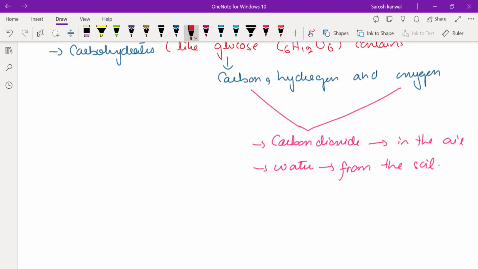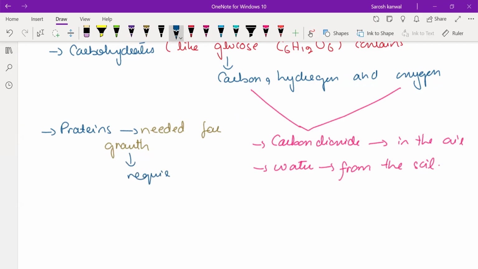We know that we need proteins as well. Proteins are needed for growth. Now proteins, they require nitrogen, right?